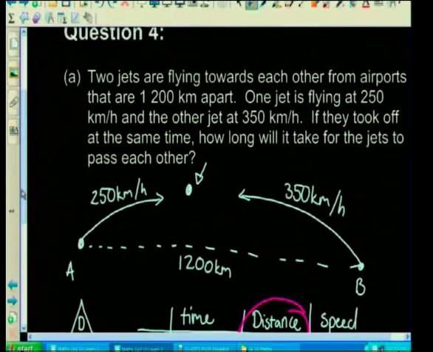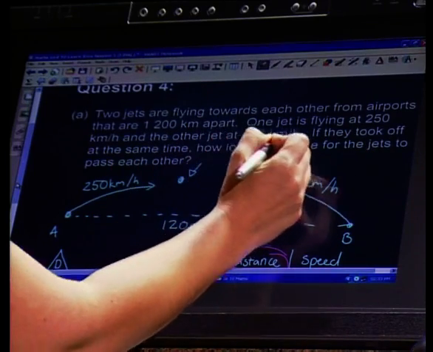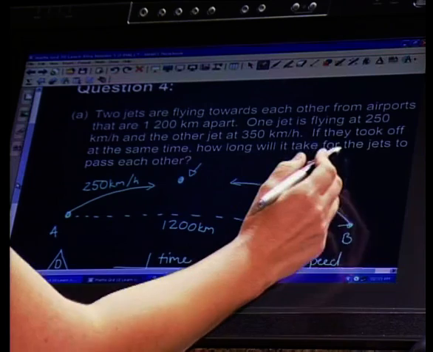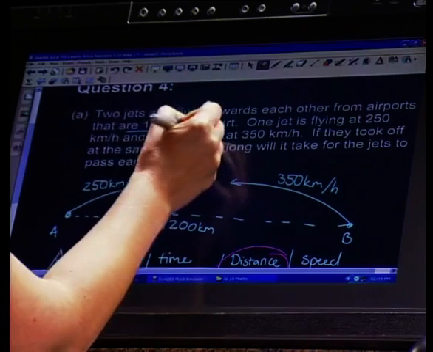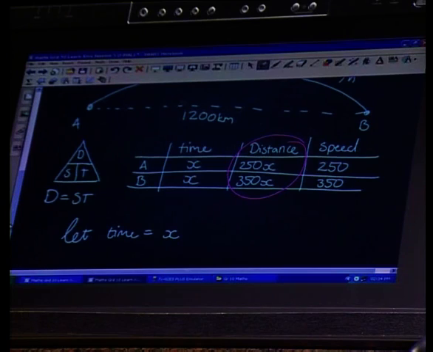Let's make sure we've used all of the information. Two jets are flying towards each other from airports that are 1,200 kilometers apart. One jet is flying 250 kilometers an hour, the other jet at 350 kilometers an hour. If they took off at the same time, how long would it take for the jets to pass each other? The only information we haven't used is the 1,200 kilometers.